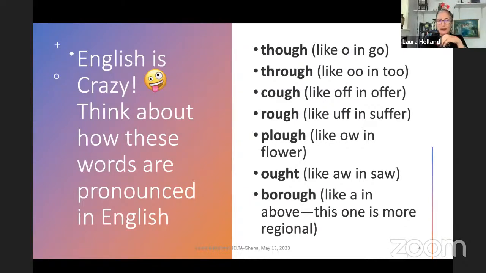Okay, and this one is a little bit more regional. I don't hear this one as often, but the others you hear all the time, right? So how are people supposed to learn how you pronounce things, right? Crazy.